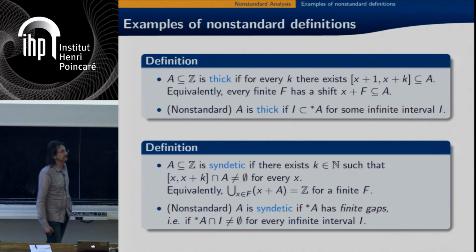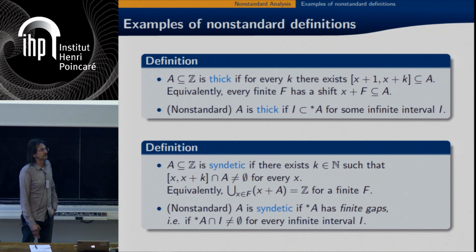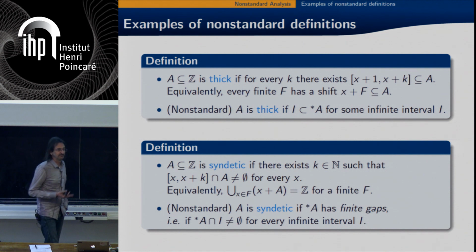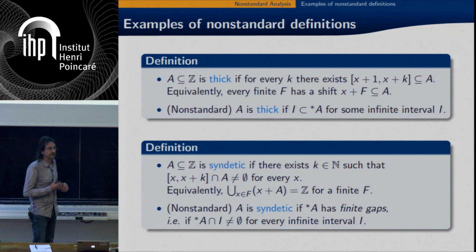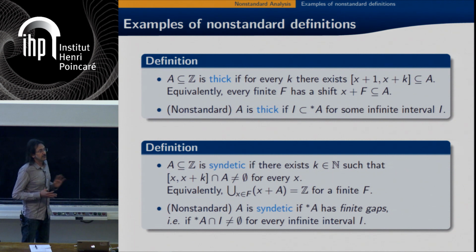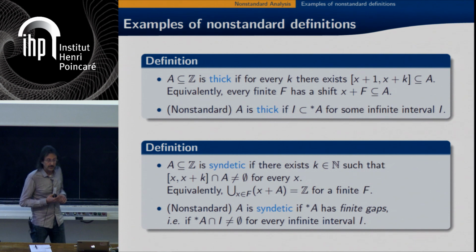Okay, let me just start with, say, level 0 non-standard analysis. The first thing that one does is to accommodate some of the notions in this non-standard setting, and usually these are really close to the intuition we have. For instance, in this area of combinatorics, the notions of thick set and syndetic set are central.